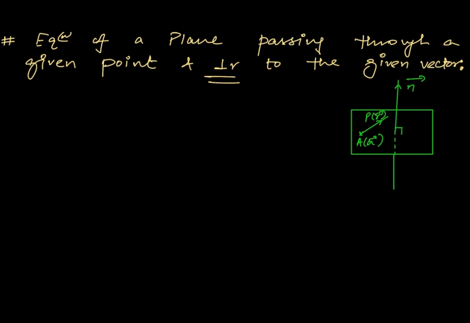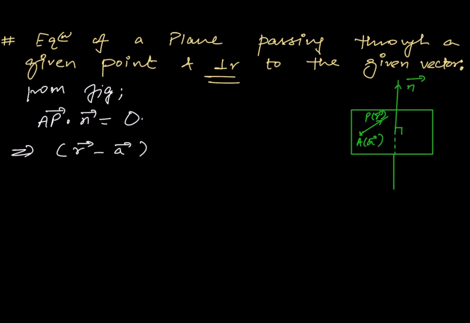So we can say from the figure that AP vector dot n vector is equal to 0, because AP vector is perpendicular to n vector, so the dot product is 0. AP vector is nothing but r vector minus a vector, dot n vector is equal to 0.